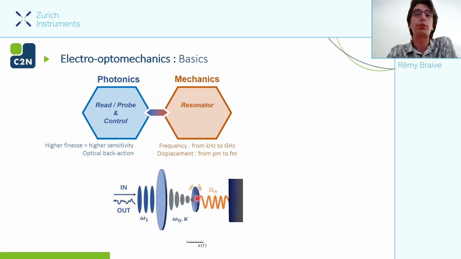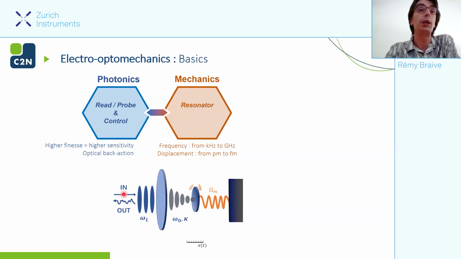But when the light is pushing the second mirror, the light is no longer on resonance with the cavity, and so the mirror is coming back to its rest position. So you have a kind of loop like this, which imprints the mechanical displacement of this system onto the optics, and so you are able to read the mechanical displacement with optics.